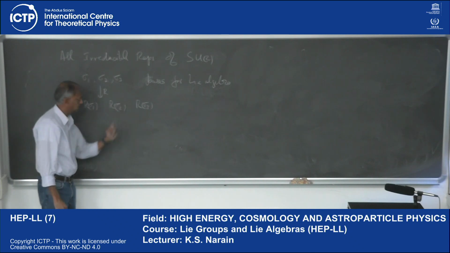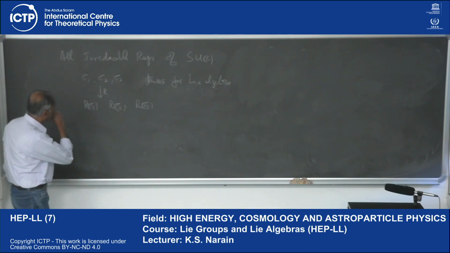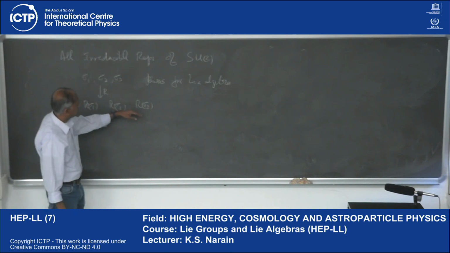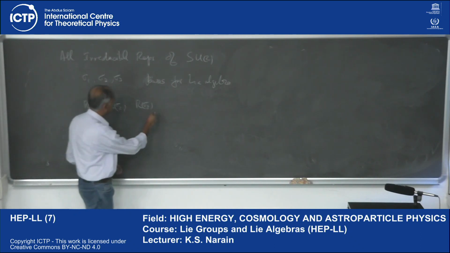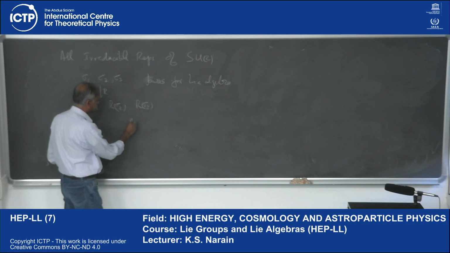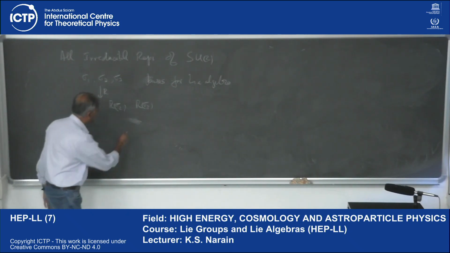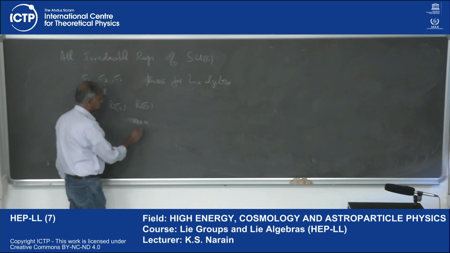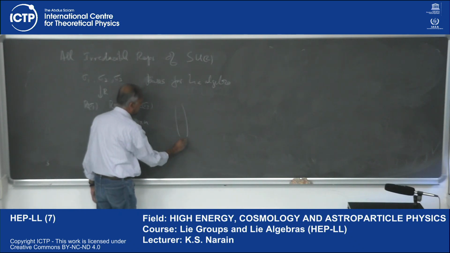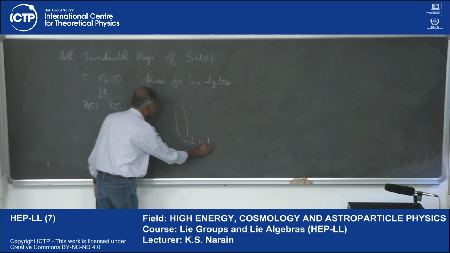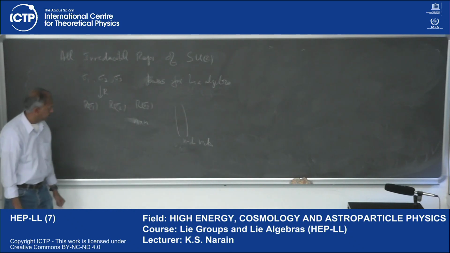This is not something independent once you specify these. Now, to study this, let's suppose this is some n cross n matrix, so you can think of it as acting on n-dimensional column vectors.